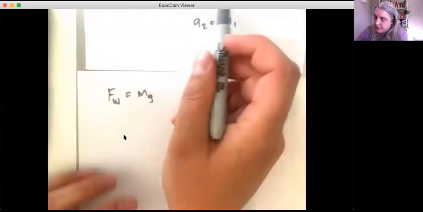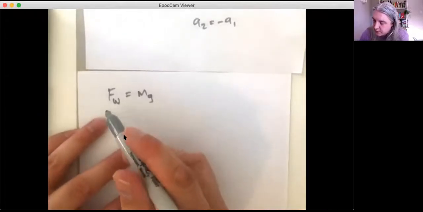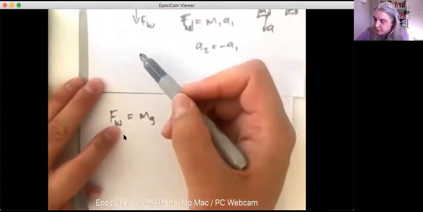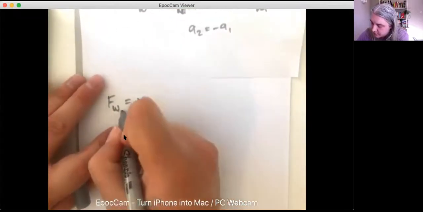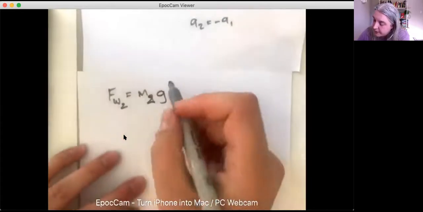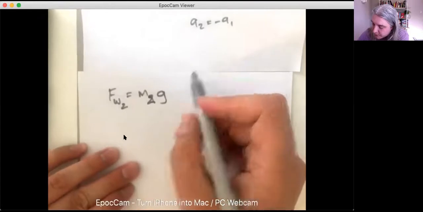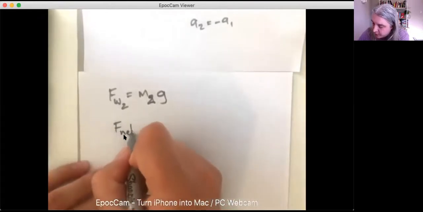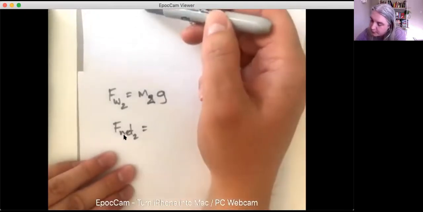So the net force tells us our acceleration, but we also know that the net force comes from the weight force and the tension force. So the weight force is m2 times g, and the tension force we don't know, but we just know that it's always T. So we have the net force on the second object is equal to the, we'll call it, weight force.